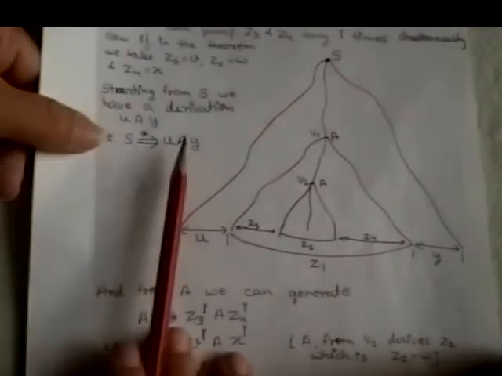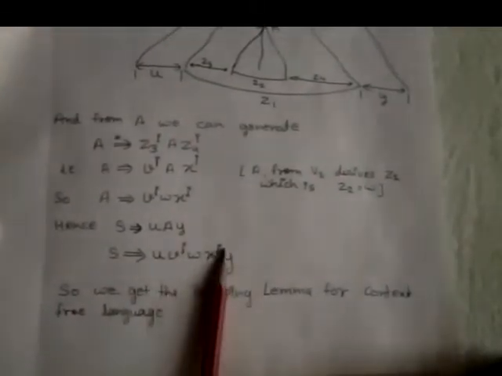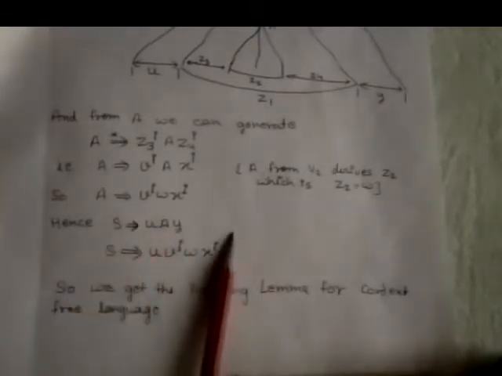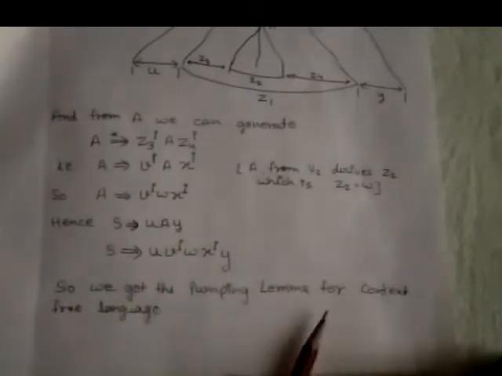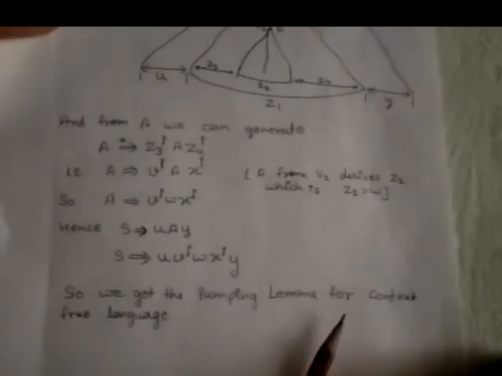If you put this value of A in the previous rule, S tends to U, A, Y, then the final rule will become S tends to U, V to the power i, W, X to the power i, Y, which was the required format. Hence we have proved the pumping lemma for context-free languages.